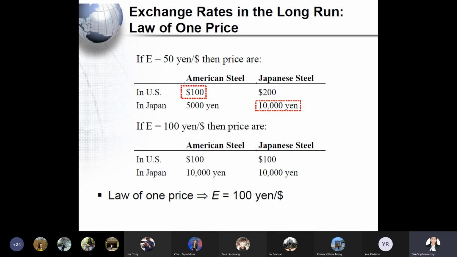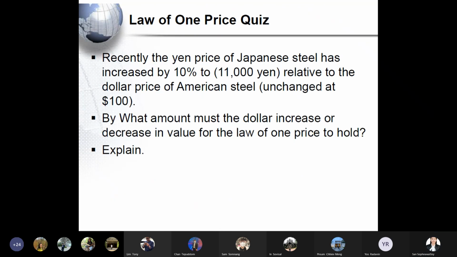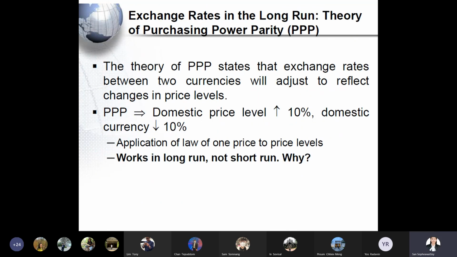If $200, it costs 10,000 yen. So if the exchange rate is 100 yen per US dollar, then the law of one price works. Now the steel in the US and Japan costs the same: $100 in the US costs 10,000 yen in Japan. We're not going to do this in more detail because of time constraints.